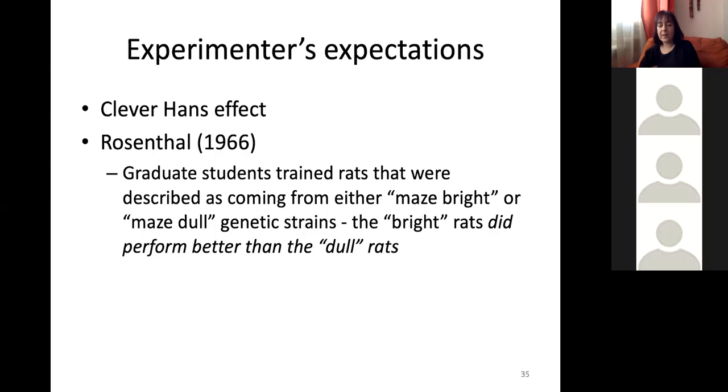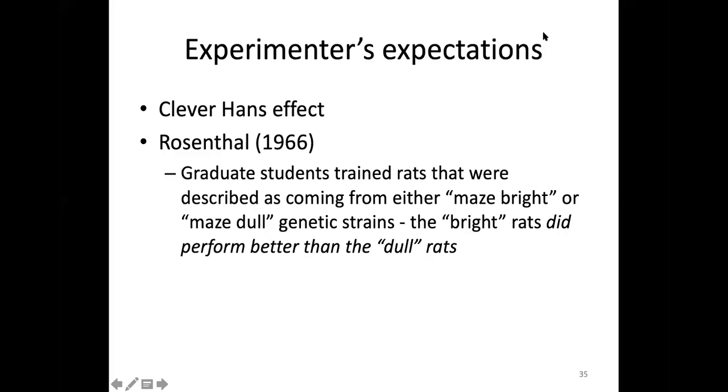It is the study by Rosenthal conducted in 1966, in which graduate students were asked to train rats that were described as coming from either maze bright or maze dull genetic strains. So they were told that some of the rats are bright and they are able to learn really fast, while the other rats are dull and they are not able to learn fast.